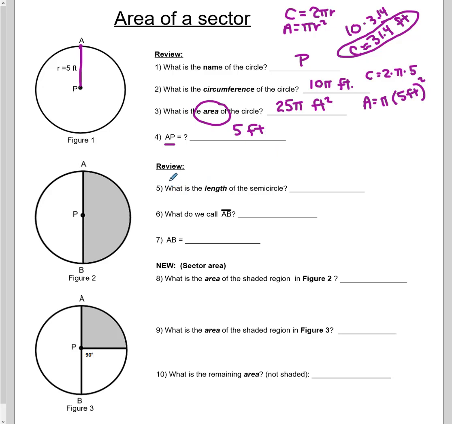Okay. What is the length of the semicircle? Now, this is arc length, even though they didn't tell us this, but they really implied it. So if you want to write it here, and I would, what is the arc length of the semicircle? The semicircle is from here to here.